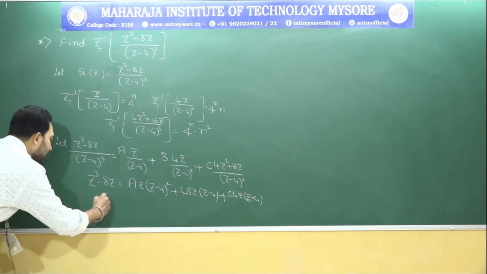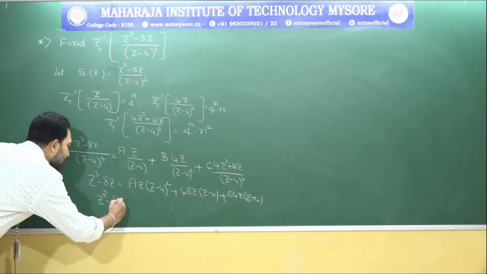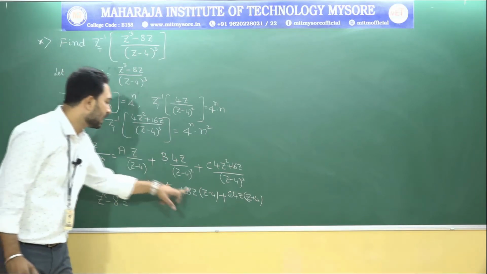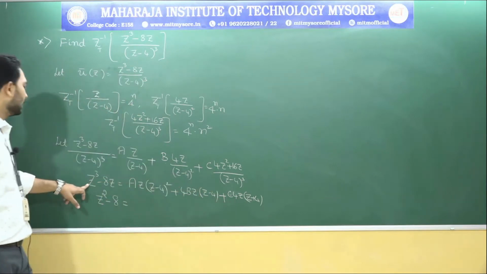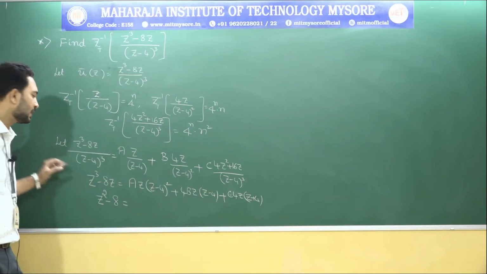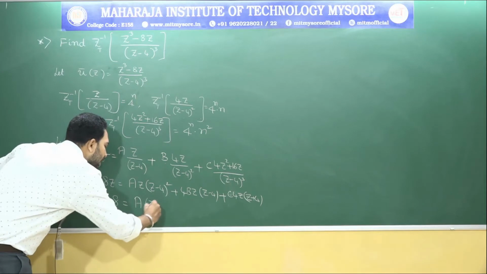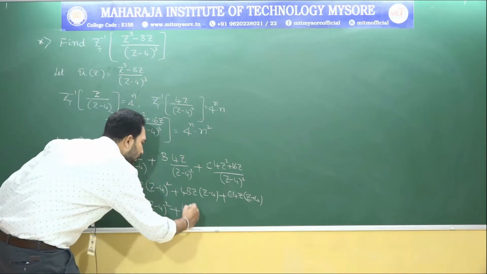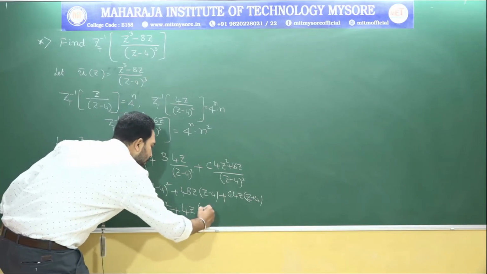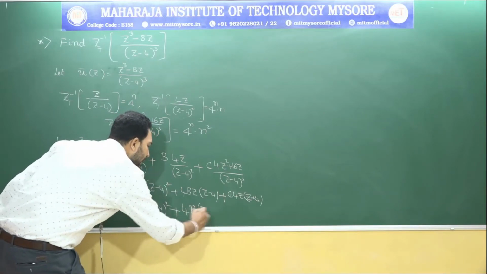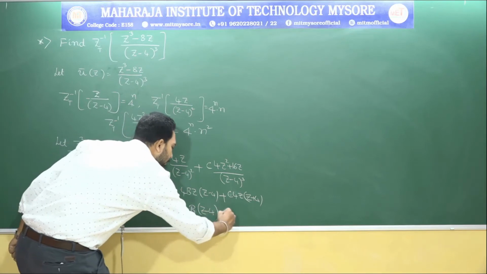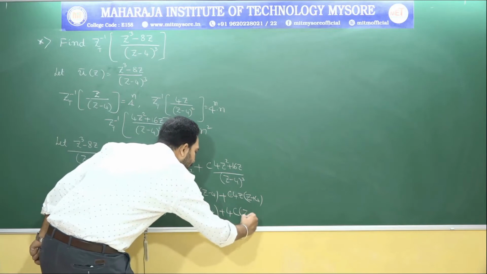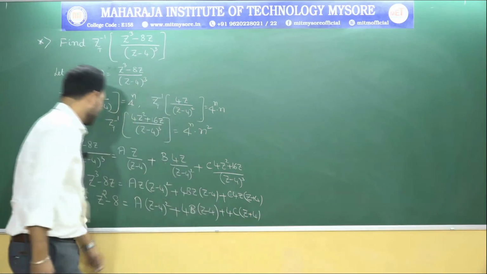Next, if we take z common, we'll get z square minus 8. And here also we have z, so that common z will get cancelled. We'll remain with a into (z minus 4) whole square plus 4b into (z minus 4) plus 4c into (z plus 4).